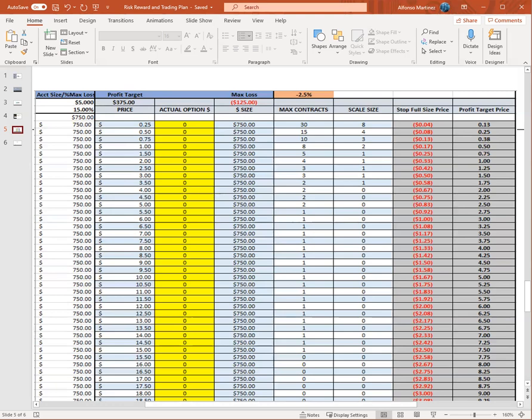The idea of having a 1-to-3 risk reward ratio doesn't mean that on every trade we're going to make $375. It means that the trade we're taking has the range, according to the delta of the contracts, to get to $375 of profit.